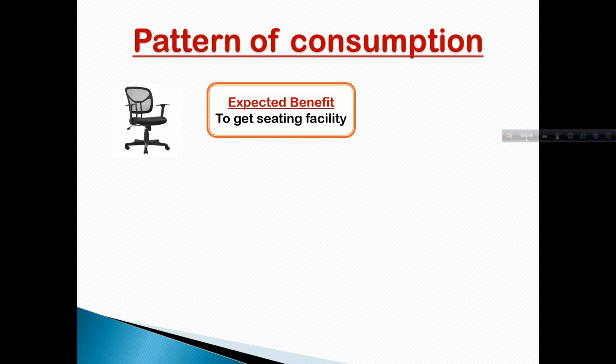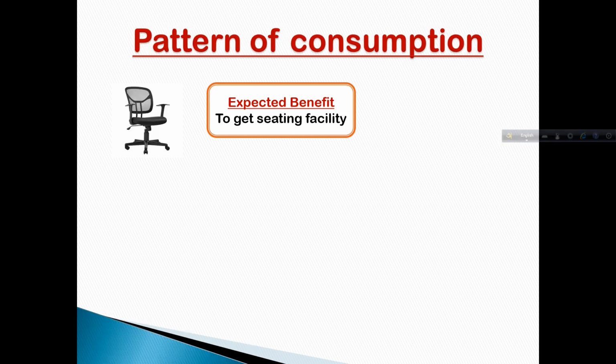In year one, it was giving you the benefit of sitting on it, and in the 5th year, it is giving you the same benefit. So as the consumption of the benefit over the useful life is almost the same, the depreciation method should be straight line. I mean, you charge the same amount of depreciation in every year of the useful life.